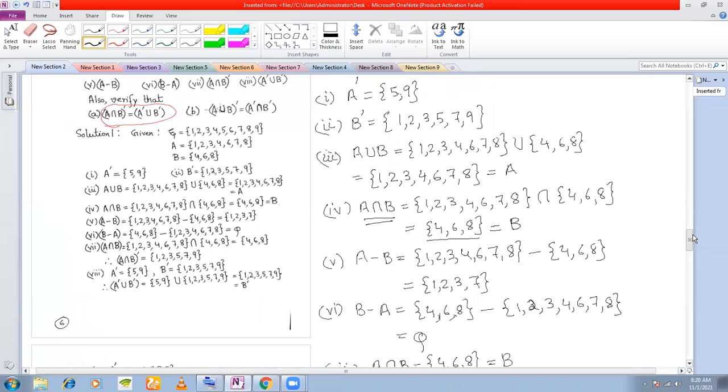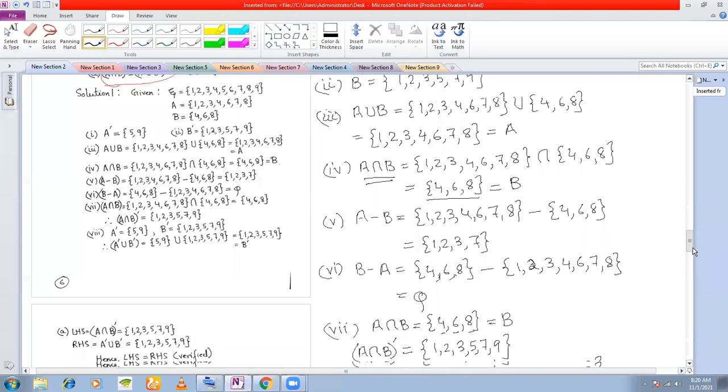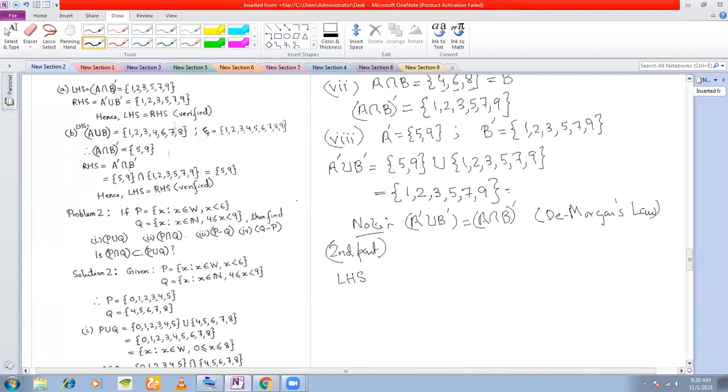Left hand side is A intersection B complement, which we have already found, so just write it down.